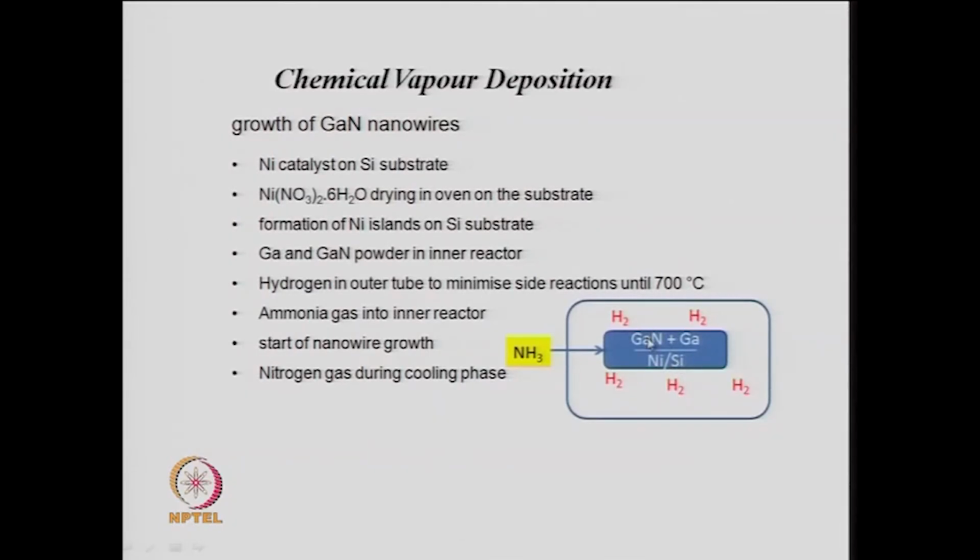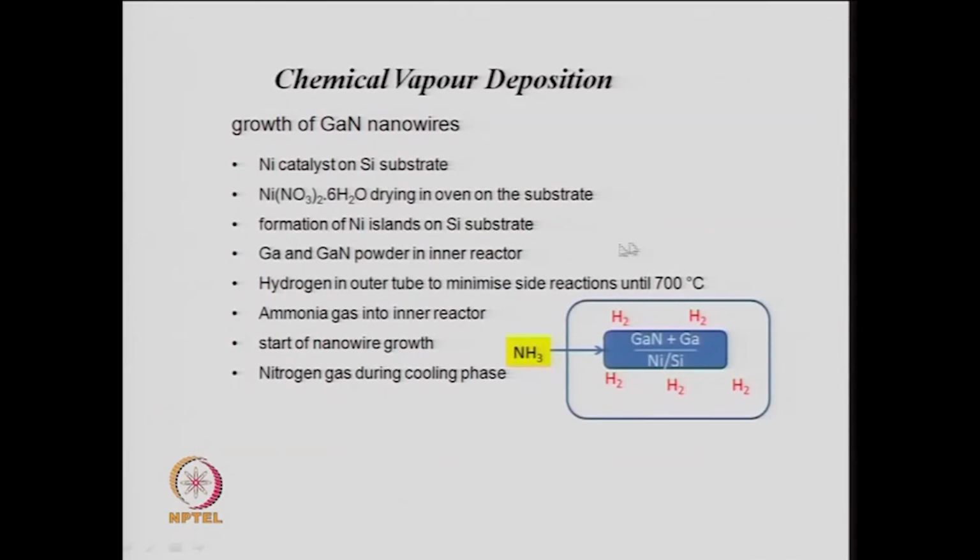So, this is like a double reactor vessel. There is an inner reactor and there is an outer shell, and this is housed within a furnace where you can change the temperature. Now, since you have these materials inside and you want the growth of nanowires, you pass ammonia gas through the inner chamber where you have this gallium nitride and gallium metal, and the catalyst is there, and you have to maintain some temperature.